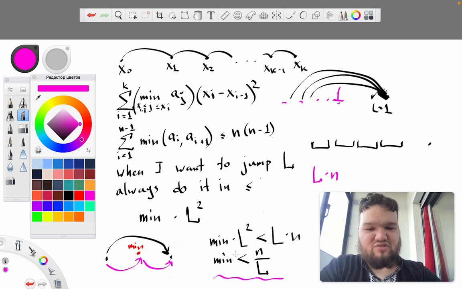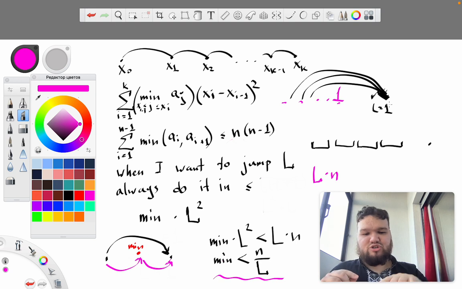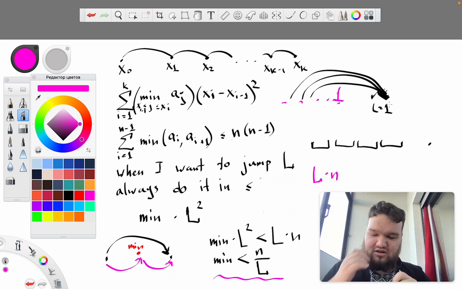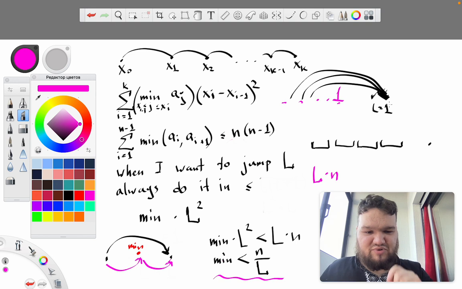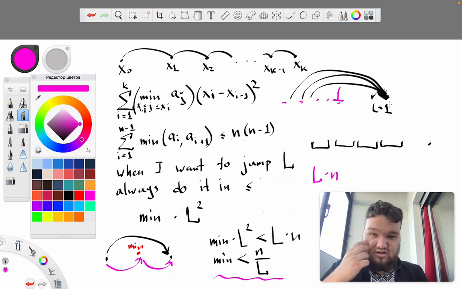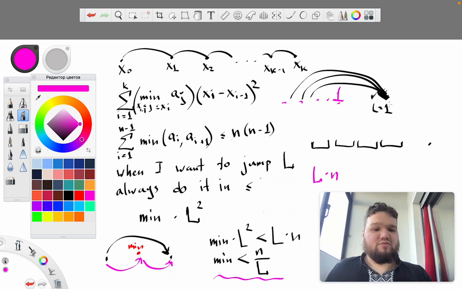And I do it only if this element is at most square root of n. Right. And that's n square root of n, because for each number between 1 and square root of n, for this number I will run at most to the previous occurrence of this number, so the total length of all the segments for this particular number is at most n. So it's at most n square root of n.